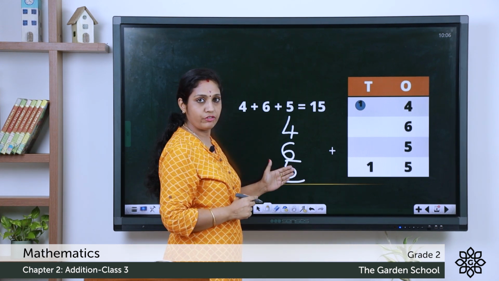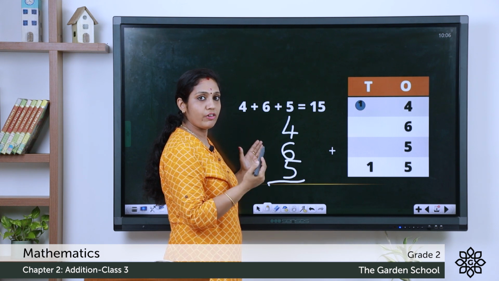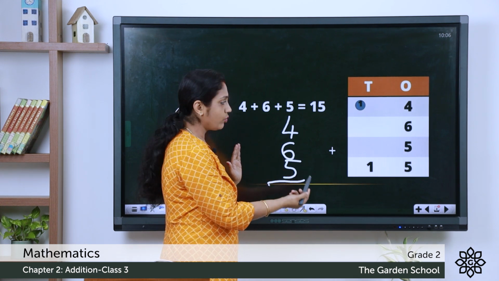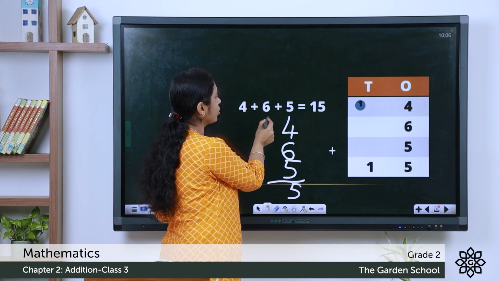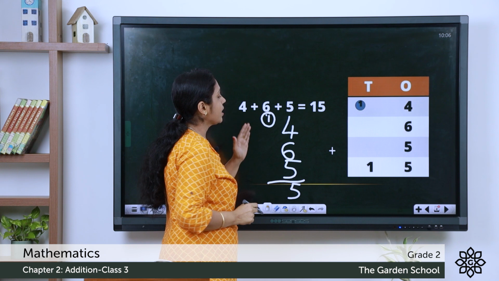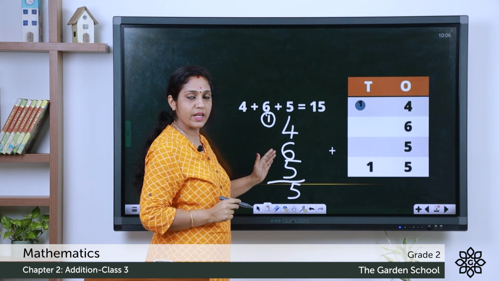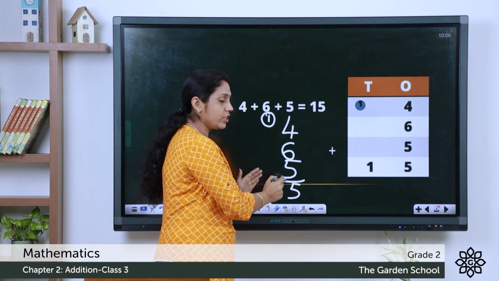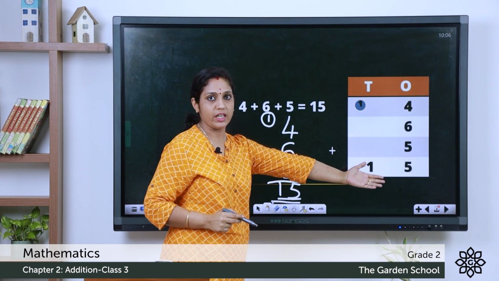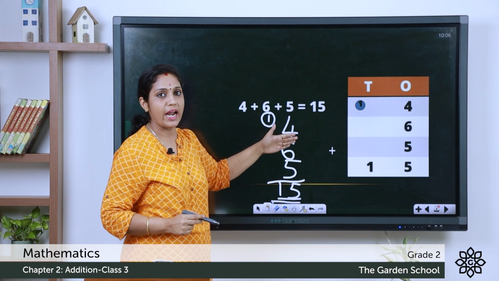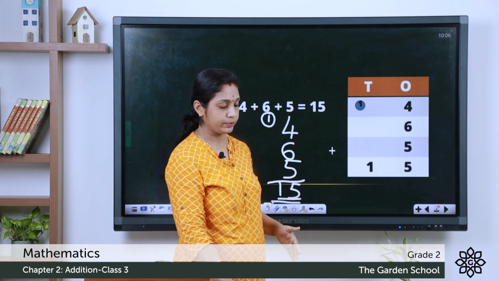We get 15, and in that 15, 5 comes in the ones place. That we are going to write under the ones place, and 1 we are going to carry over to the tens place. As there are no other numbers in the tens place, that 1 we are going to write in the tens place in the answer, and we get the answer 15. So hope you are clear how to add 3 one-digit numbers.